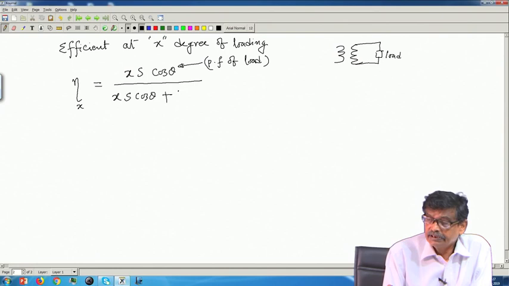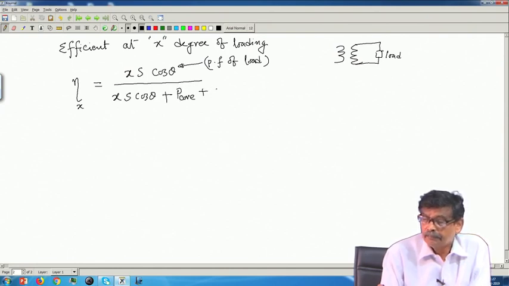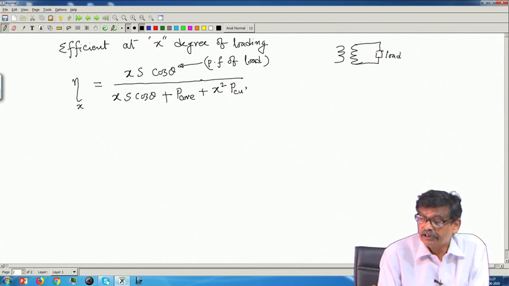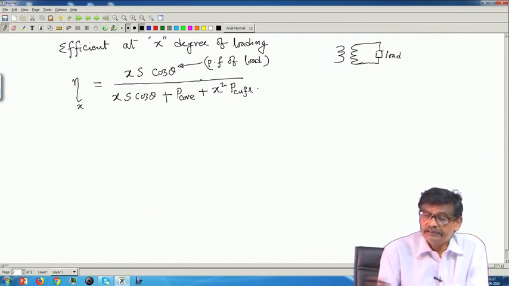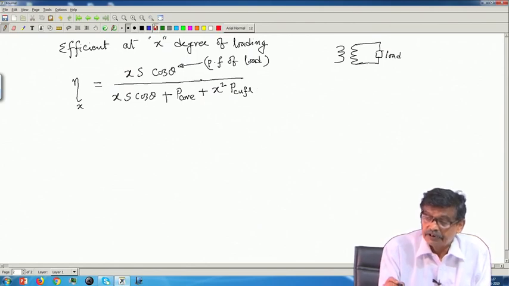What are the two losses? One is the fixed loss P core plus x square into P copper loss at full load. This is the expression for the efficiency, a very important expression.